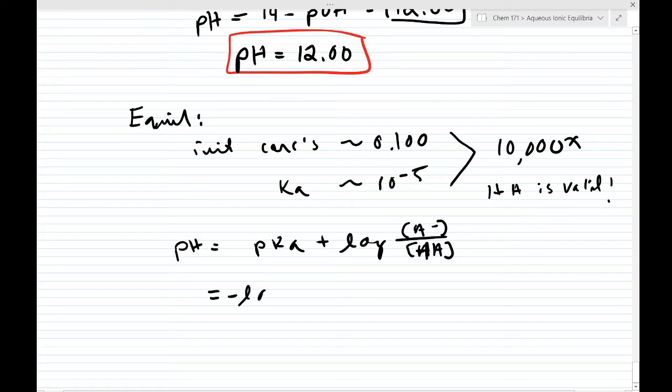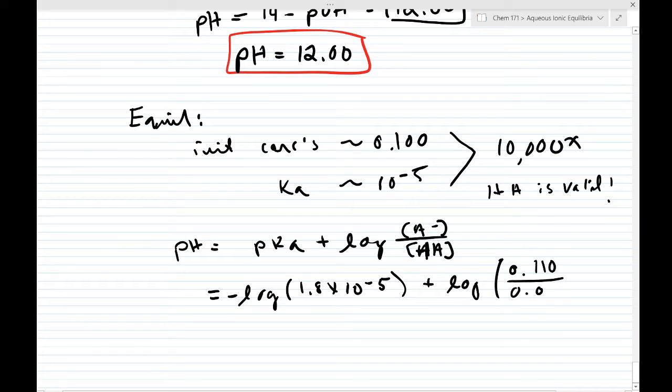So that becomes negative log of 1.8 times 10 to the minus 5 plus the log of, let's see, A minus was 0.110 divided by 0.090. So we still have to do that first stoichiometry step to find these values, but we don't have to do the ice table here.